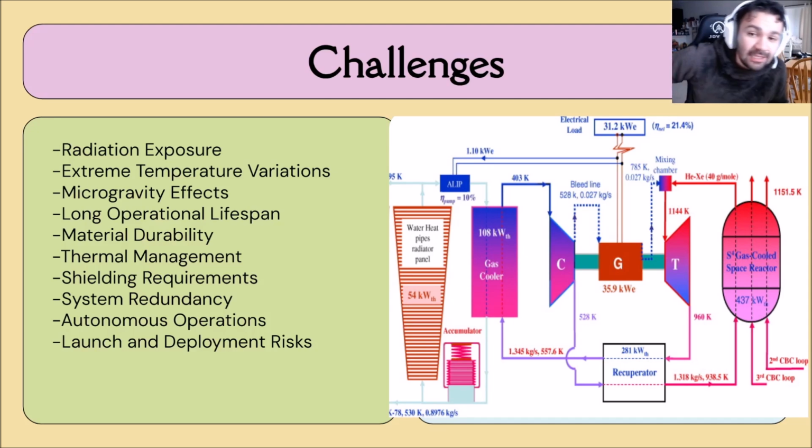Let's get into challenges of nuclear power in space. So the first thing is radiation exposure. There's a lot of radiation in space, and also radiation that may be caused from the nuclear generation as well. The first class I took at Johns Hopkins was space weathering, right?